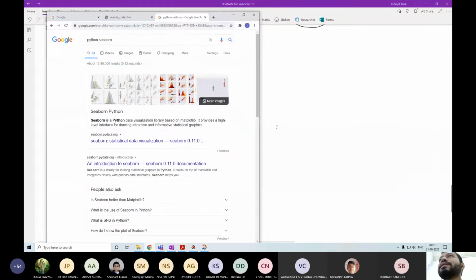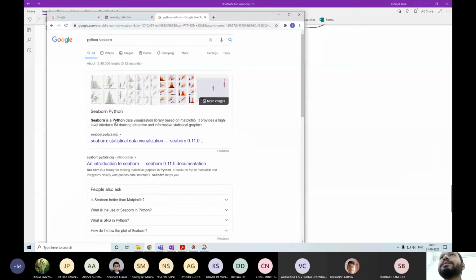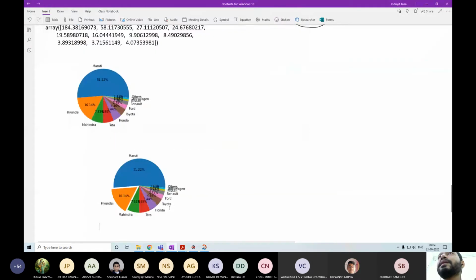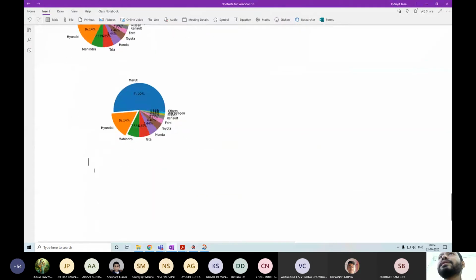Yes, actually, there is another library which is called Seaborn. This is a beautiful library, and you can do many other beautiful things with it for data visualization and plotting many colors and so on. So let me make a comment of that.